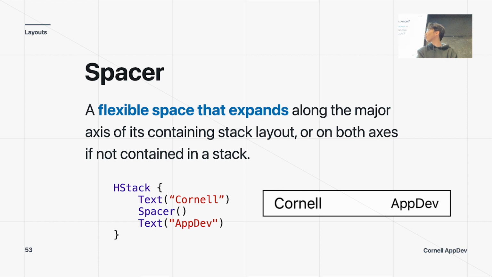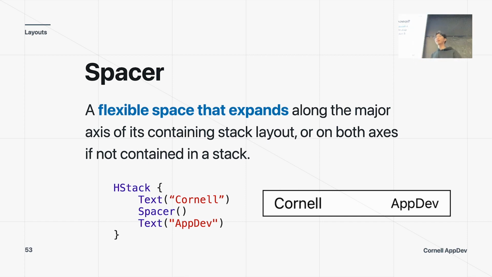Another common struct that you can use is a spacer. I have a horizontal stack with the text Cornell and the text app dev, but in between, I have a spacer view. What this does is that it basically expands out the entire area as far as it can.